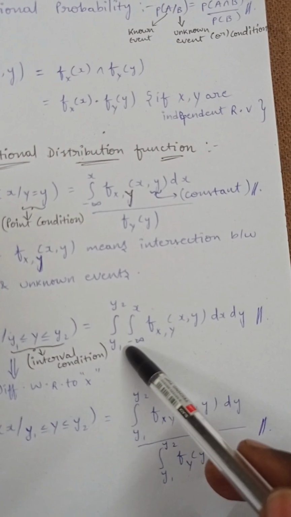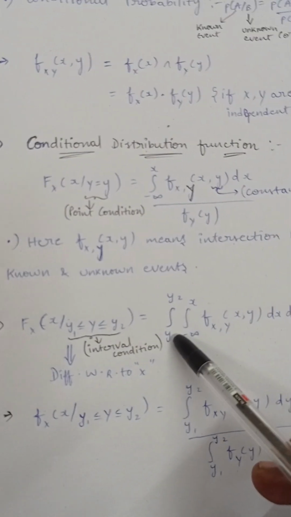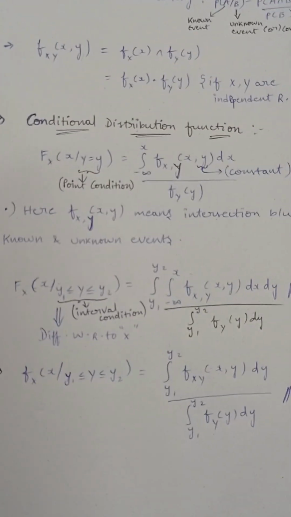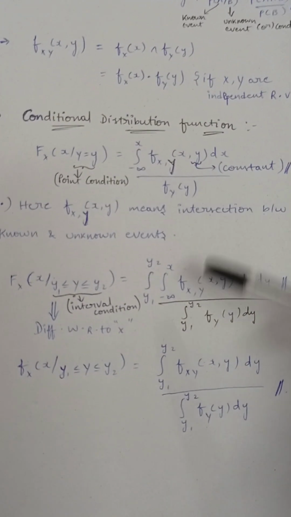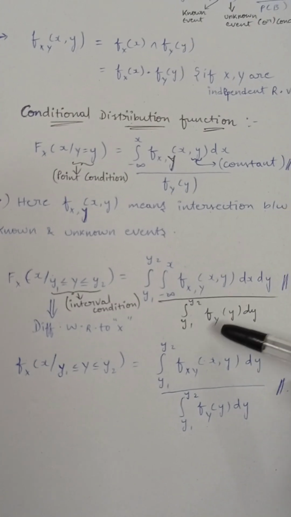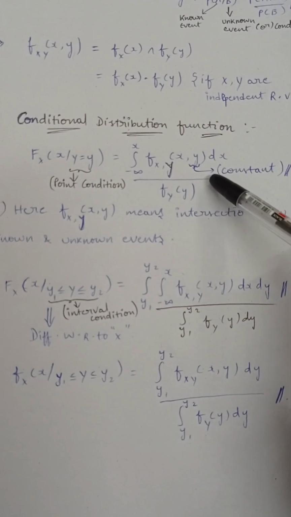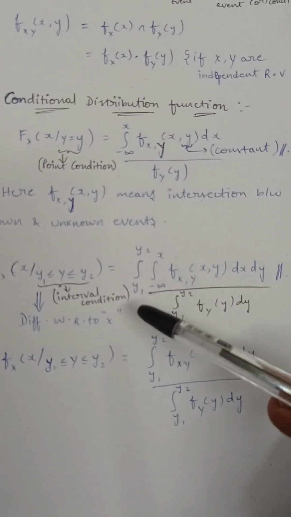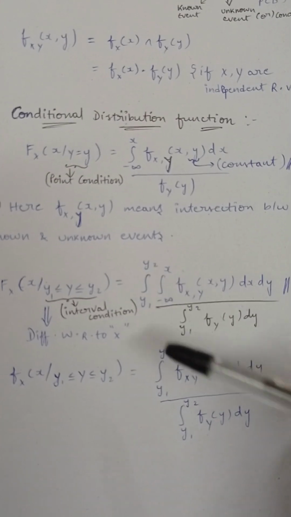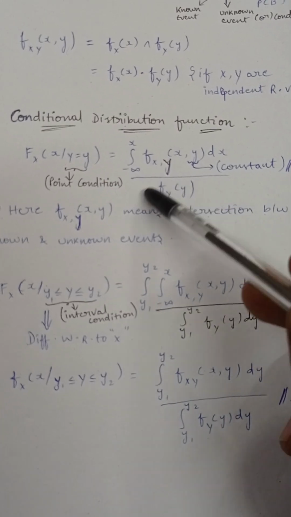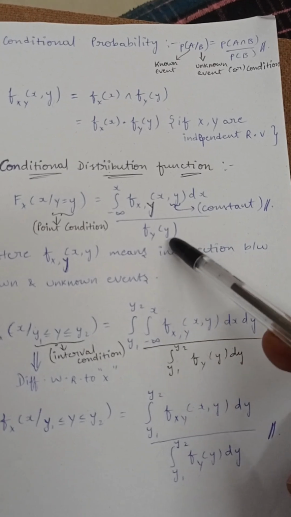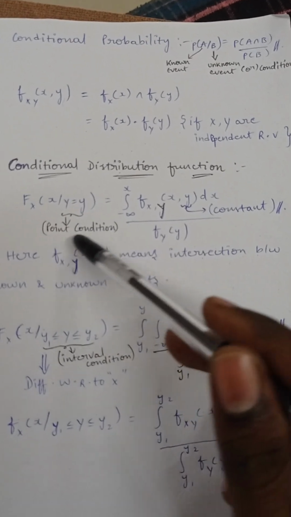Now here, by comparing these two equations, we can say that in this equation y is a constant, but in this equation we are also ranging y from y1 to y2, and we keep this unknown event simply as f of y of y, as y is a constant or a point.